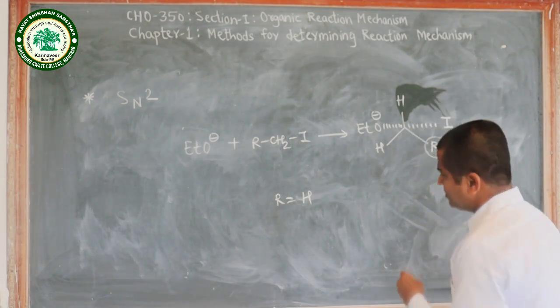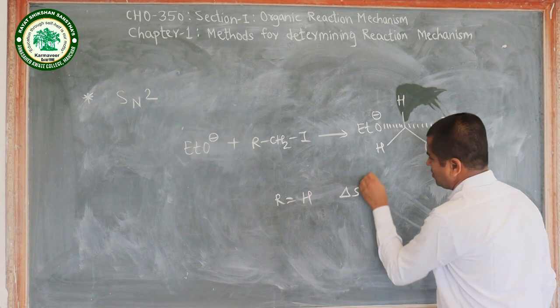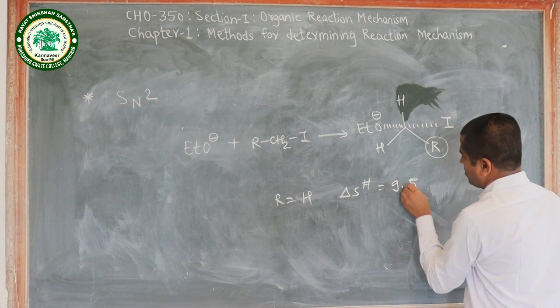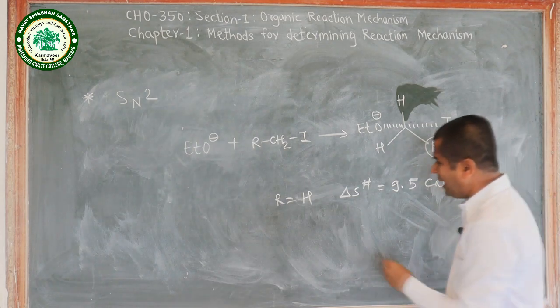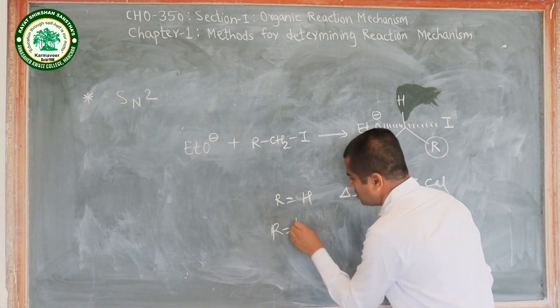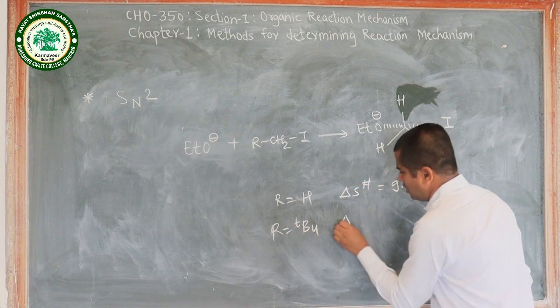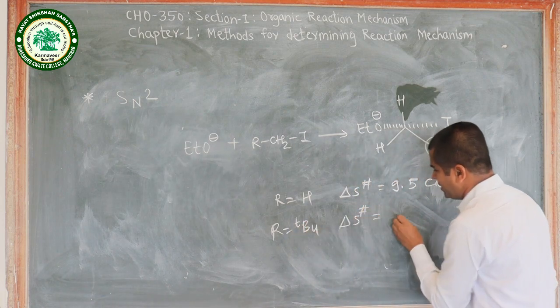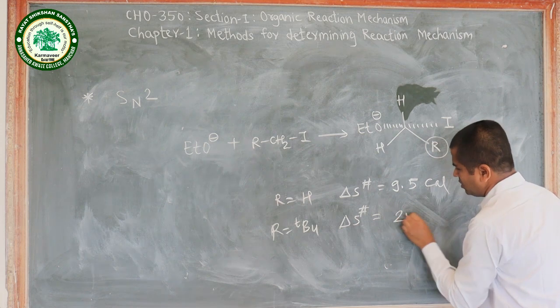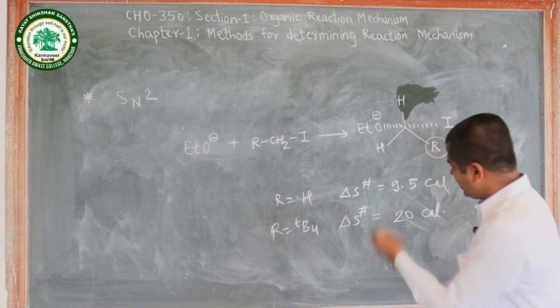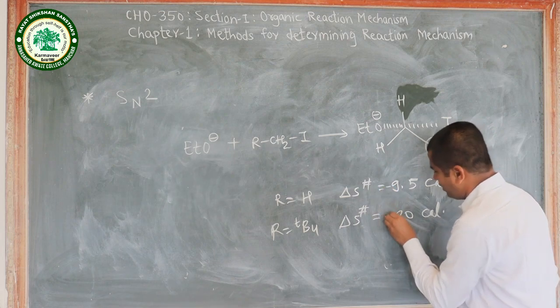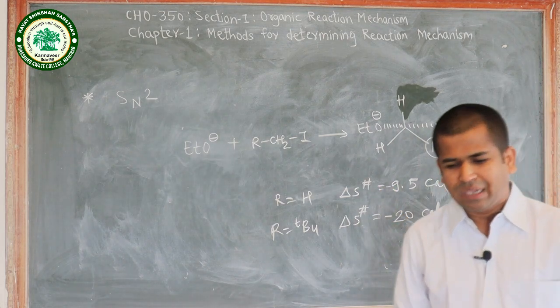9.5 calorie. While when R group is tertiary butyl group, the loss of entropy of activation is 20 calorie. So these are negative values, minus 9.5 and minus 20 calorie.